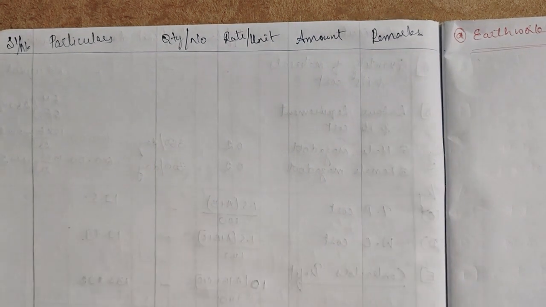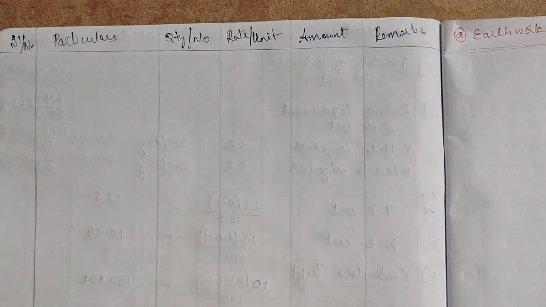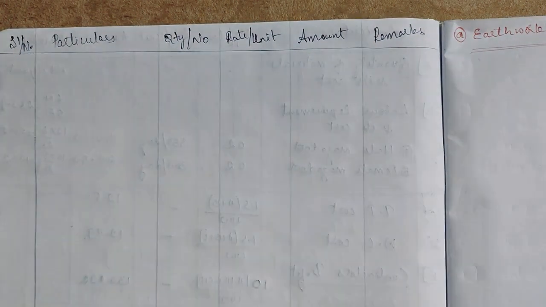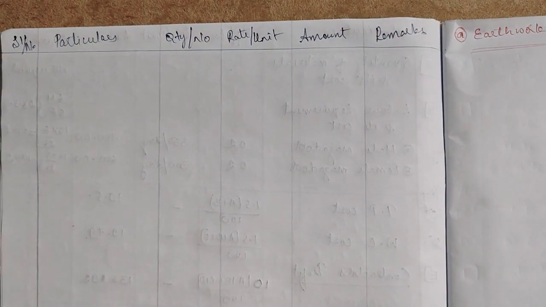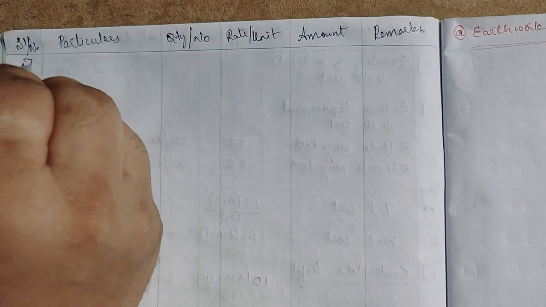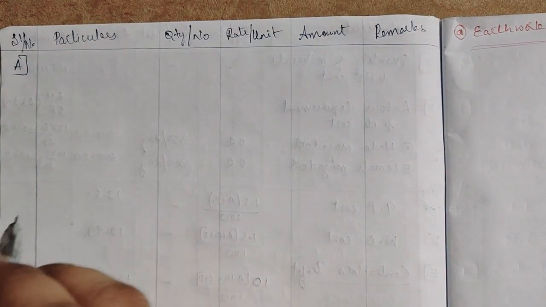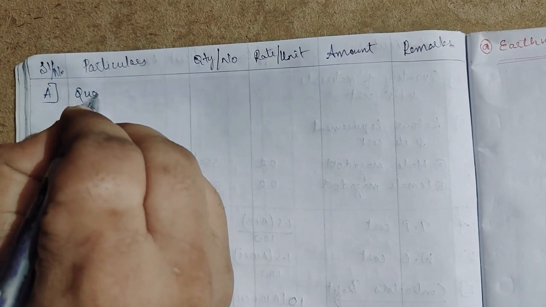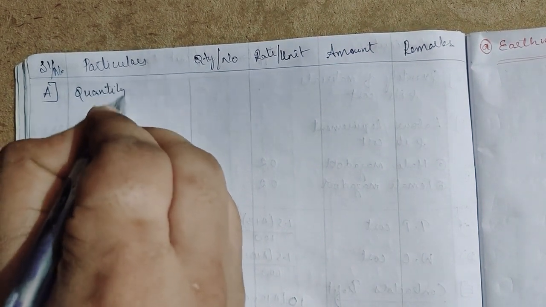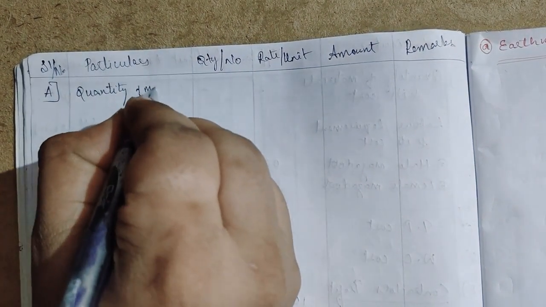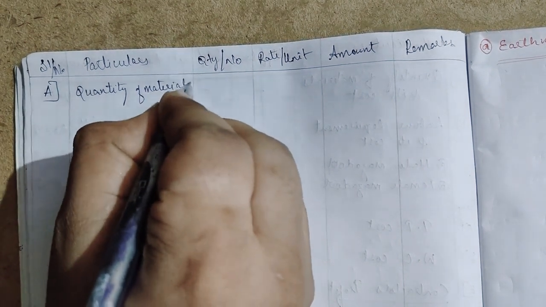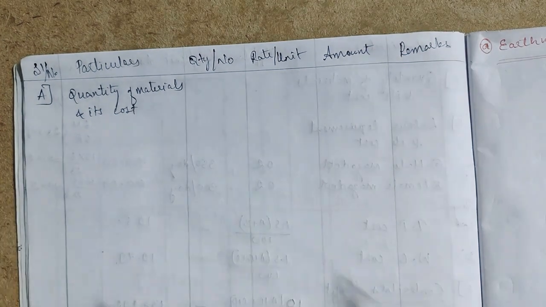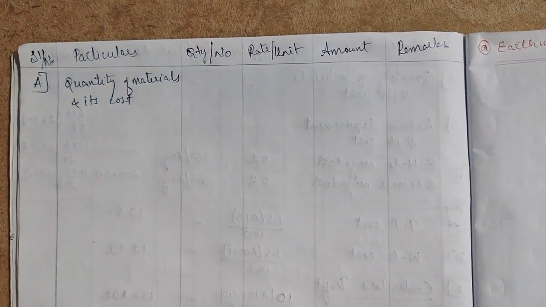Okay, so what we assumed, we assumed 10 meter cube of volume of filling, right? Now particulars we saw. Now for filling, first what is the step? Quantity of materials and its cost, right? So do we need any material for filling?